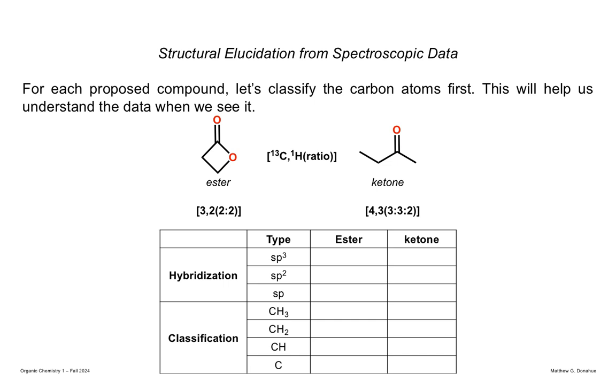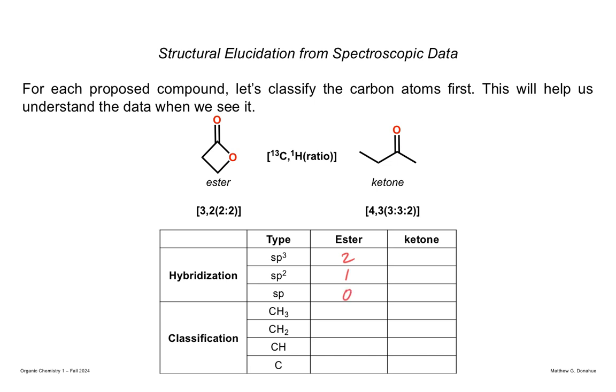So for sp3 hybridized carbon in the ester, we said there were 2. So 1 and 2. For sp2, we said it was the carbonyl, so that's 1. That gets us our total carbon count, so sp, there's 0.